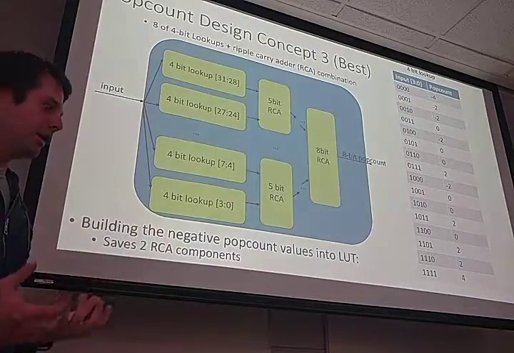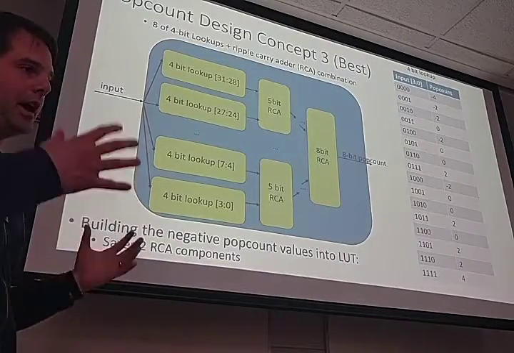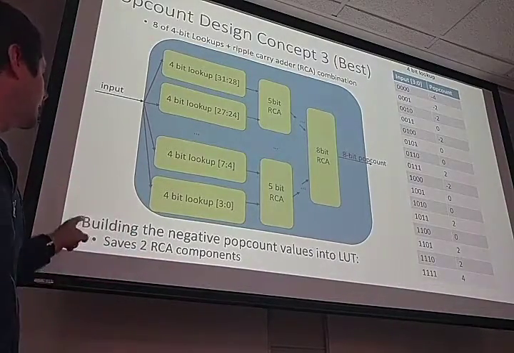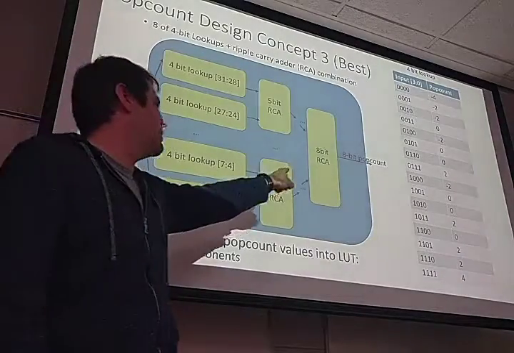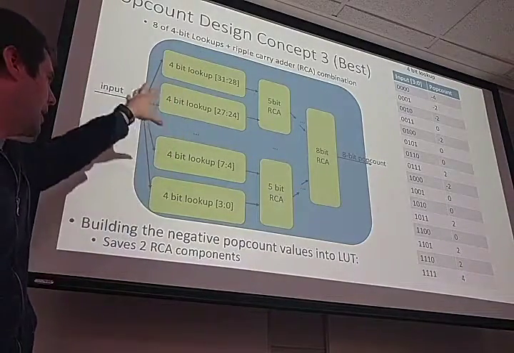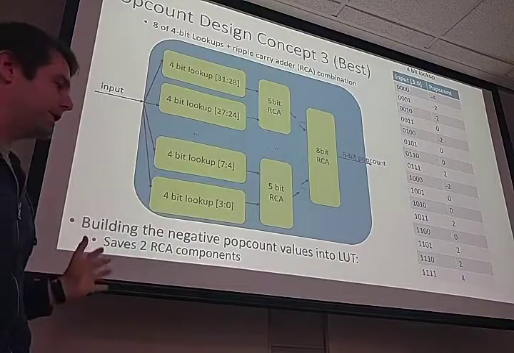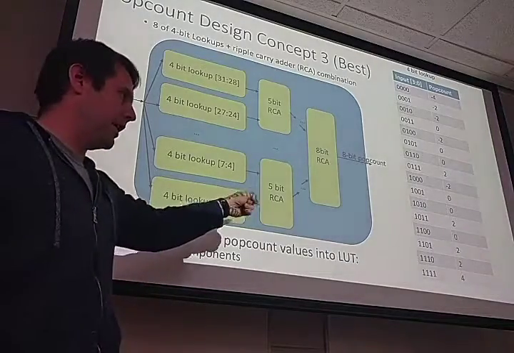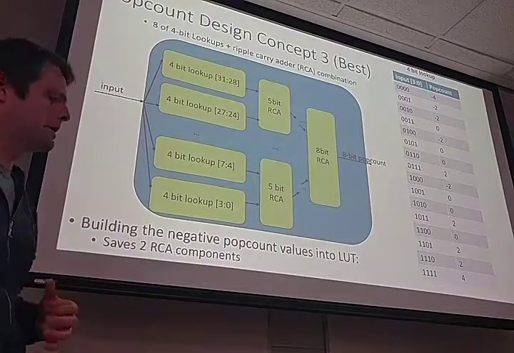And this is what you need in order to get the negative values as well, in order to apply the complete XNORNet algorithm. With this optimization, we saved 2 ripple carry adders, which we had in the previous design, and we have a combination of lookup tables, which take up a certain amount of area, but give you the answer really quickly, along with the ripple carry adders, which don't take up as much area.